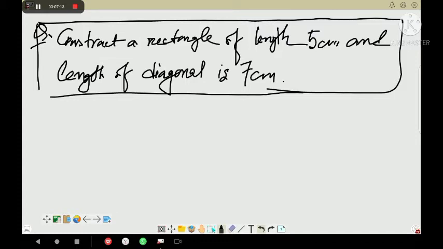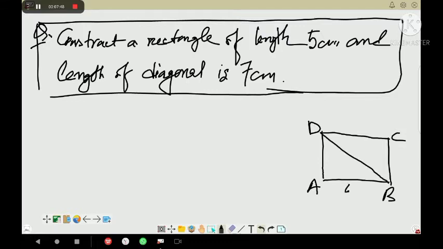If this type of question is given, it is case 2, when one side and one diagonal are given. So first we draw one rough figure. A, B, C, D and one diagonal.